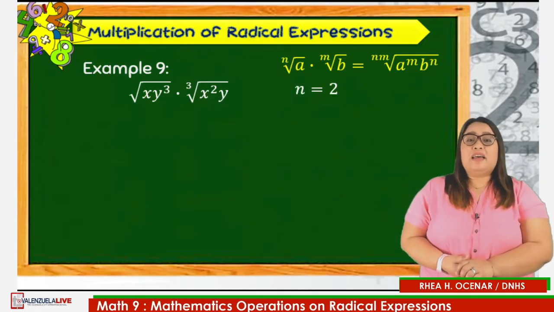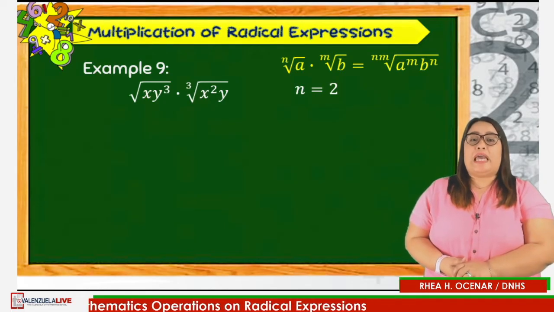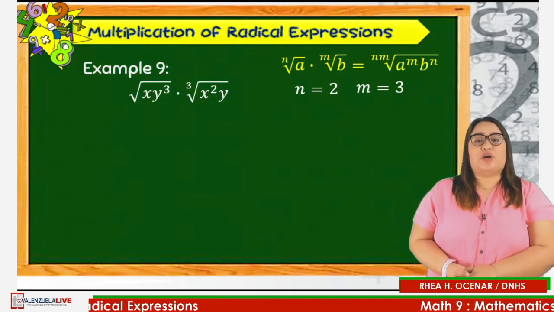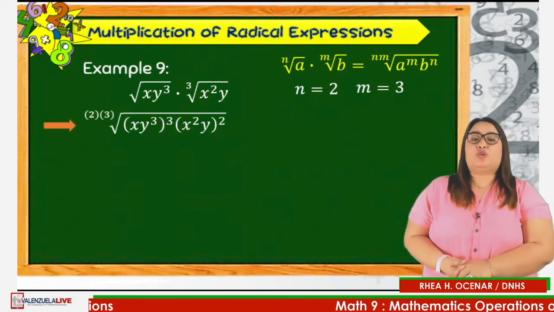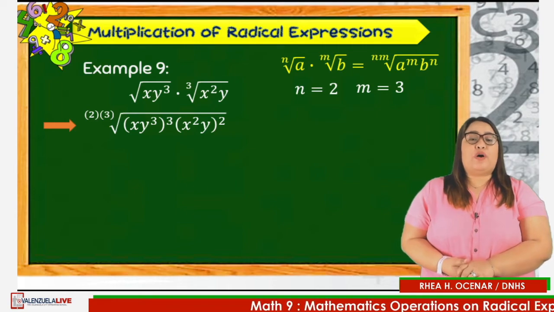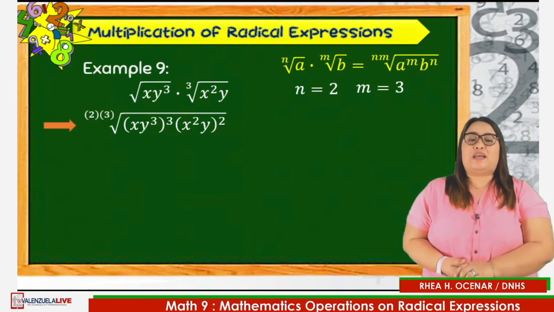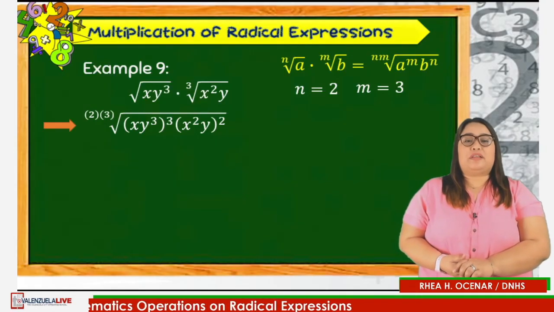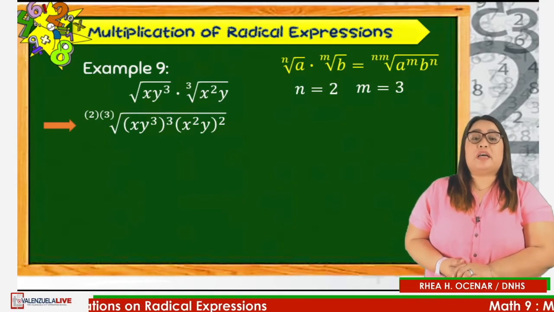Let n is equal to 2 and m is equal to 3. By substitution, we have 2 times 3 root of quantity x, y cubed raised to 3 times the quantity of x squared raised to 2.